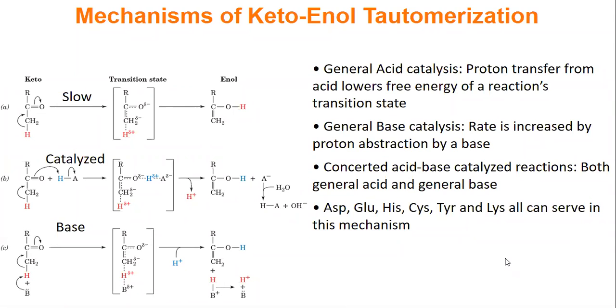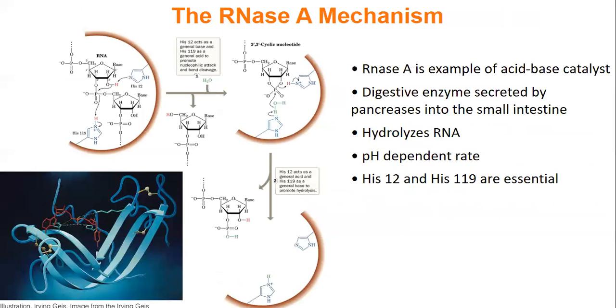So we looked at acid and base mechanisms. And we looked at an acid and base mechanism in the ketol-enol tautomerization reaction. Then we looked at an acid and base mechanism for RNase, where we're using histidines to hydrolyze our RNA here.